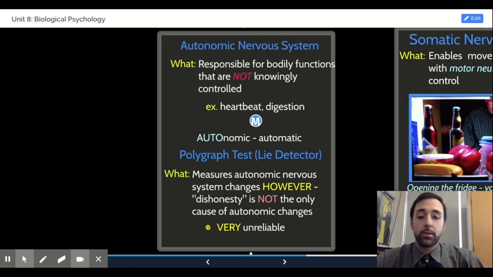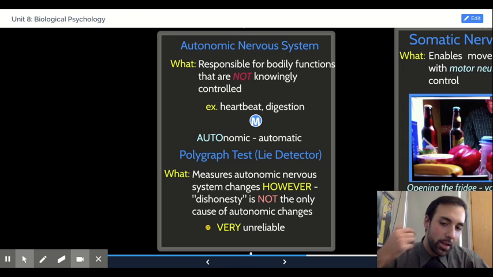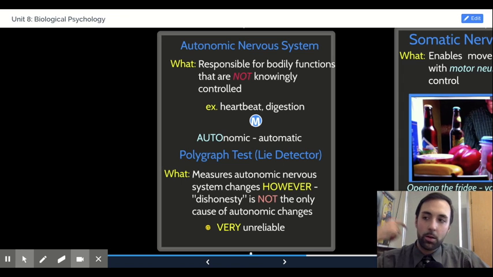You may be familiar with what is typically called a lie detector test, or more formally a polygraph test. These are designed to hopefully determine if somebody is lying within the criminal justice field. It should be noted, though, that a polygraph test really just measures autonomic nervous system changes. So it can determine whether your heartbeat is changing, your blood pressure, body temperature.